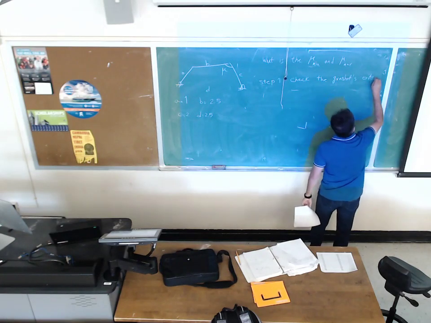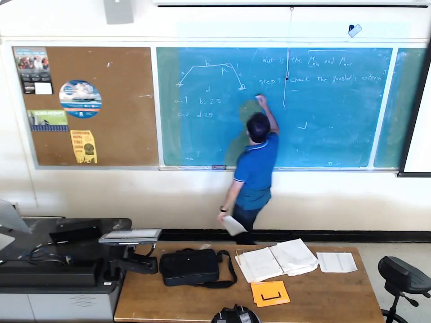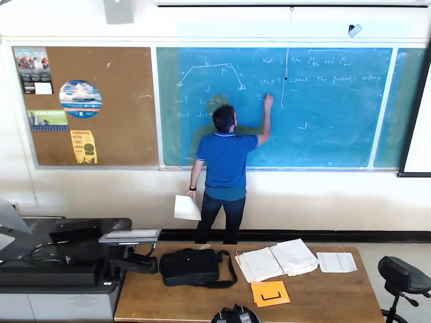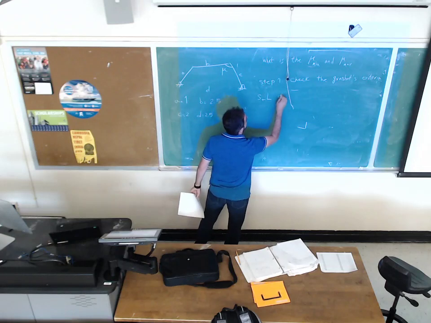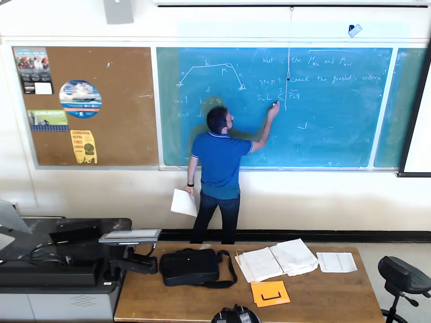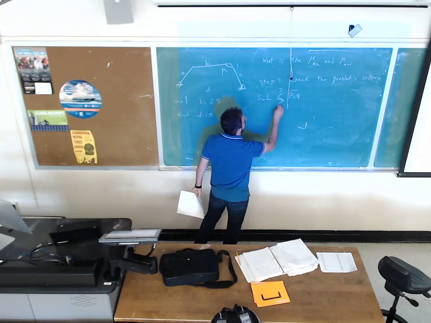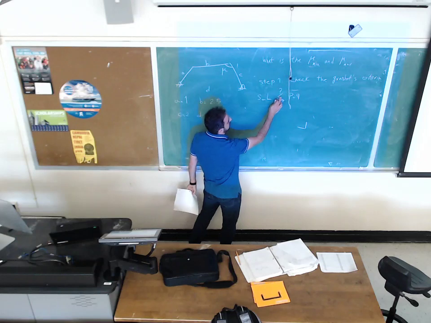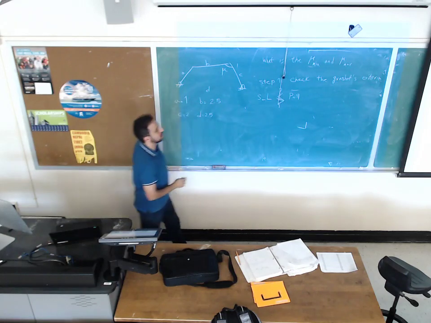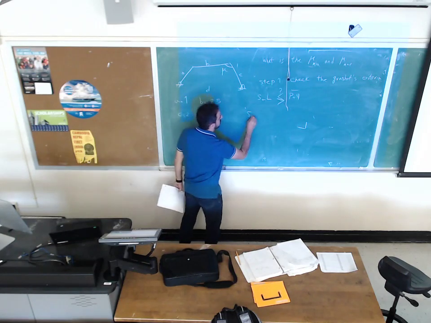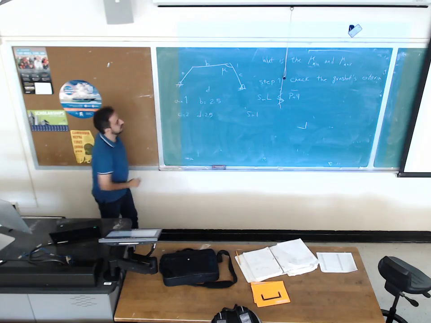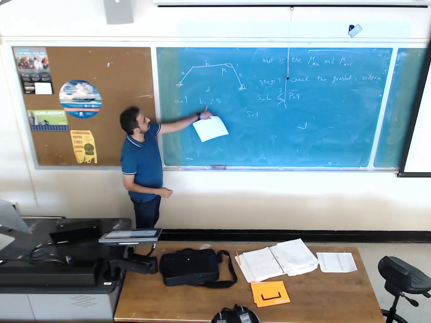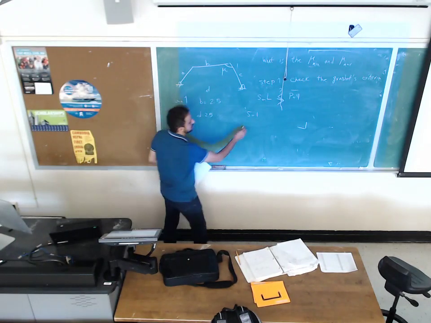criteria. So shortest link plus longest link, we are checking this. Is it greater than or less than or equal to P plus Q? Shortest link is 1, longest link either B or D. It doesn't matter which one.